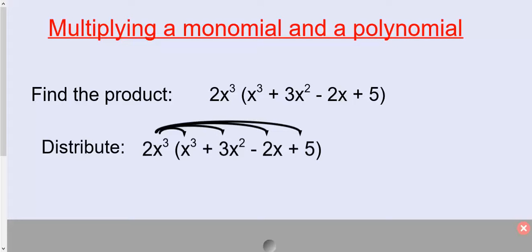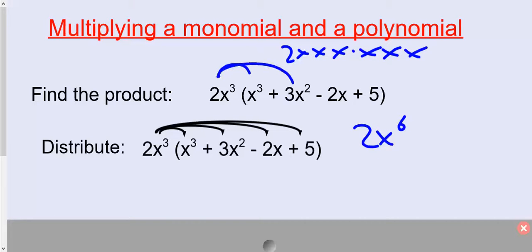Here I'm going to again use the distributive property, multiply the 2x cubed times the x cubed. So you have 2x to the 6. Then we're going to do 2x cubed times 3x squared. That'll be 2 times 3, which is 6. x cubed times x squared is x to the 5th.